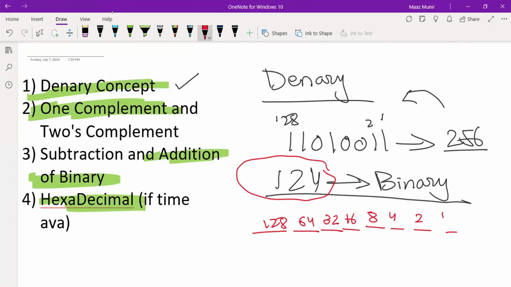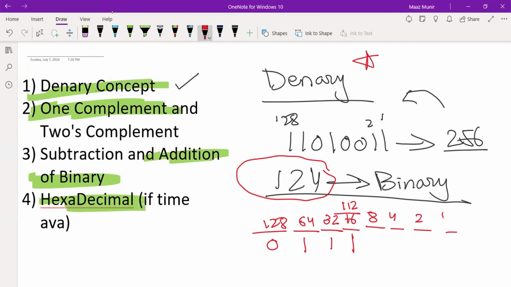Let's do it. 128, no, that is greater than 124, so we put 0 up here. 64, yes. Then plus 32, yes. 64 plus 32 is 96. 96 plus 16, we get 112.